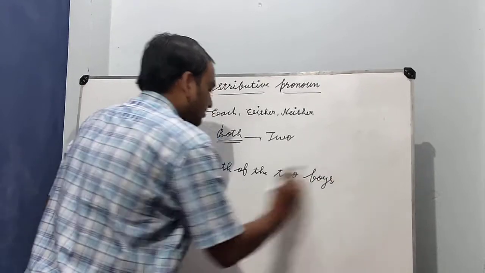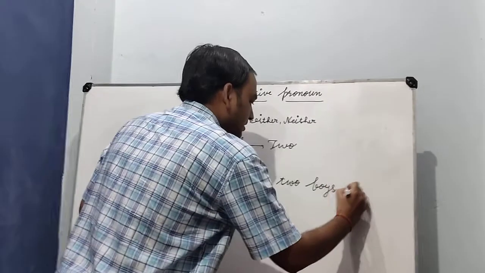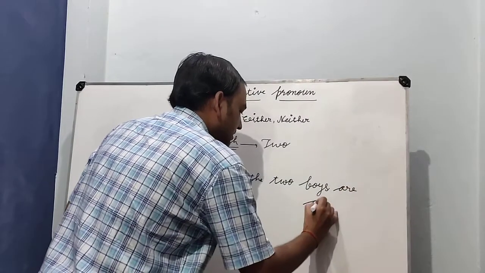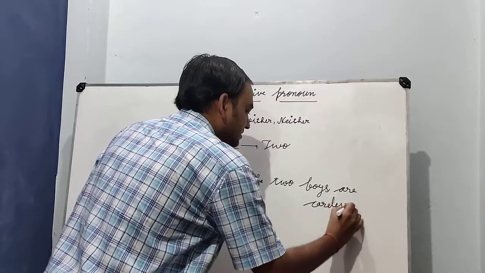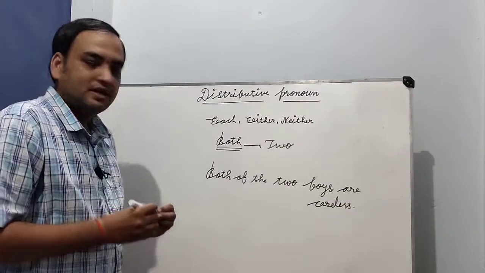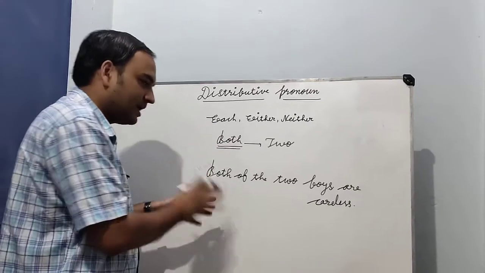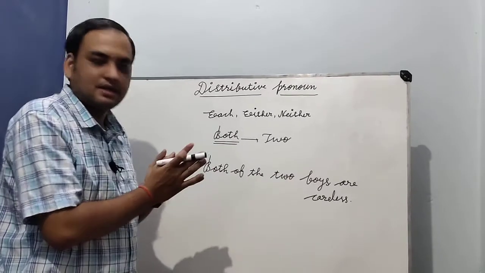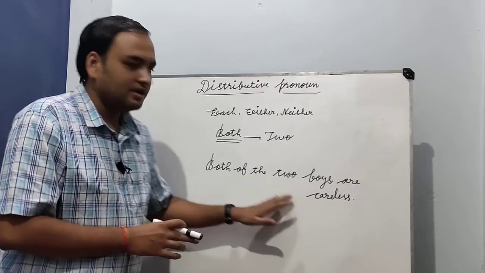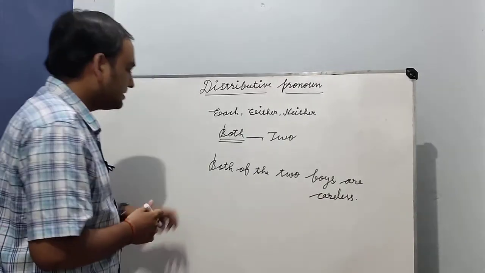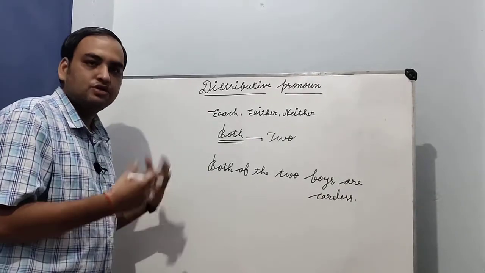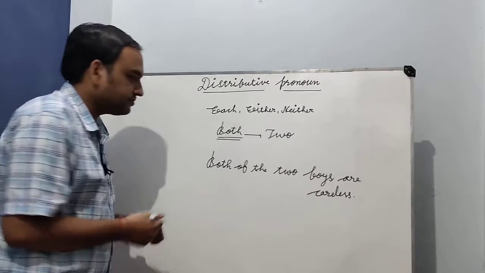Both of the two boys are careless. It means that we are using both for 2 persons, 2 things.